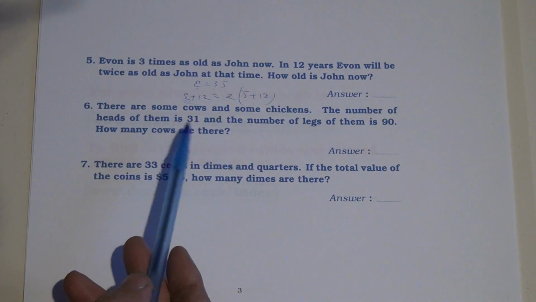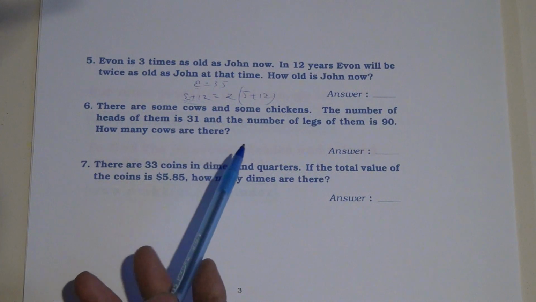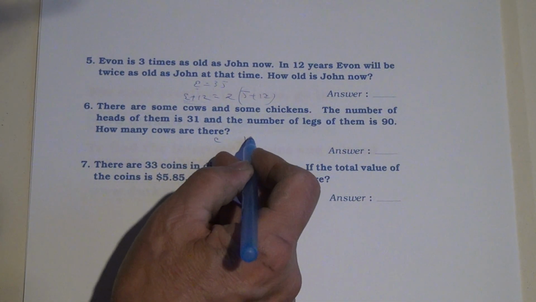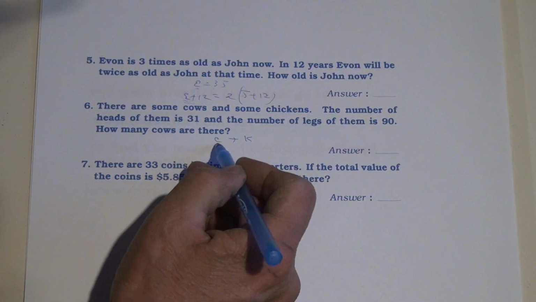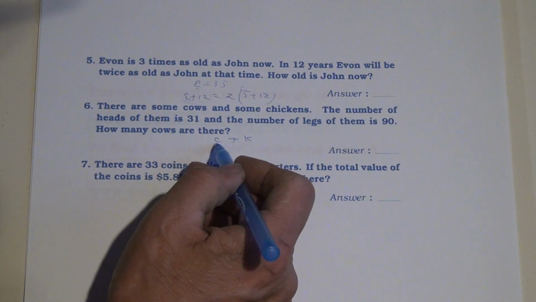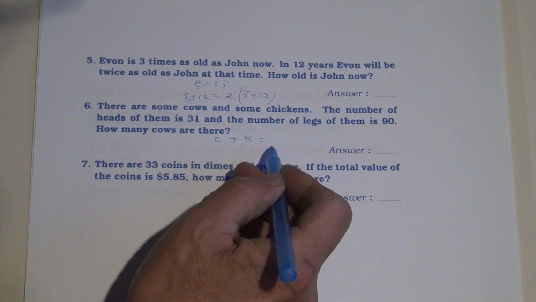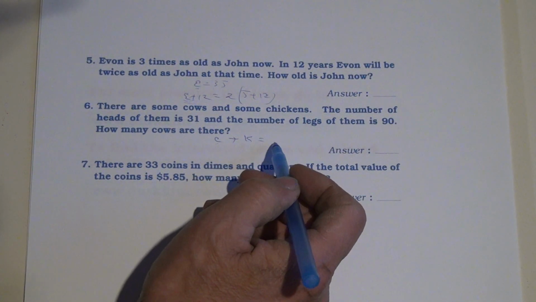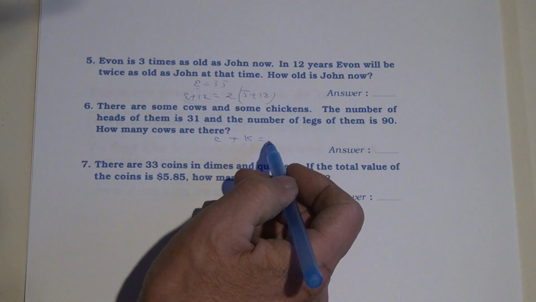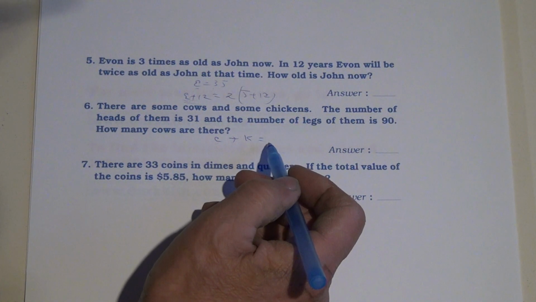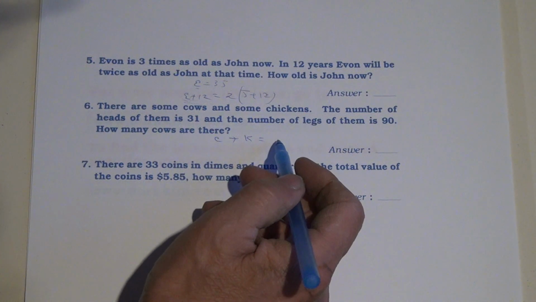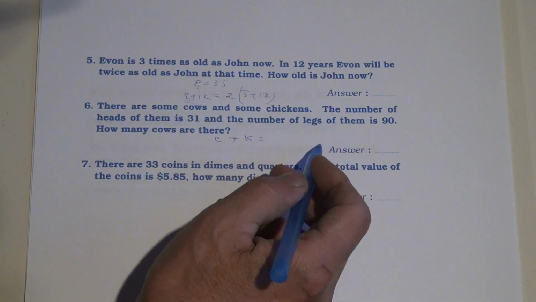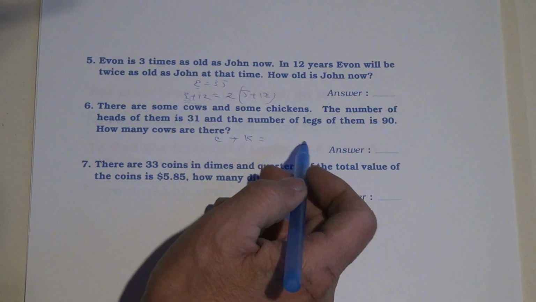Now, number 6. There are some cows and some chickens. Let's say cow is C and chicken is K. Then for the number of heads, each animal has one, right? When you make a question, we only go by the normal case. Well, some chicken may have 2 heads in a special case, but we don't make a question based on that, just the ordinary situation.